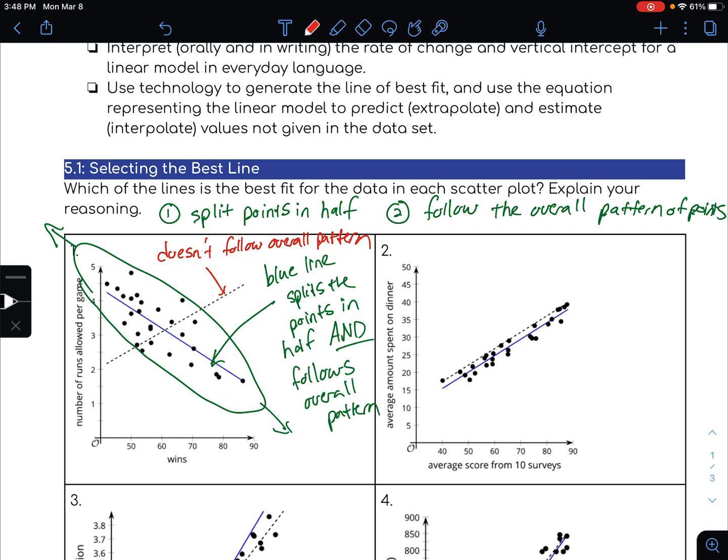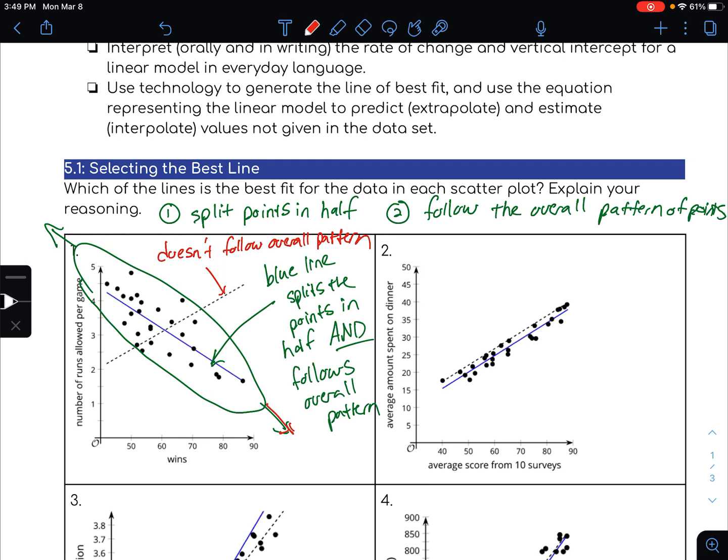The pattern is going down and to the right. As you go from left to right, the points are decreasing, and the dotted line has a positive slope instead of a negative slope, so that doesn't seem to really fit.